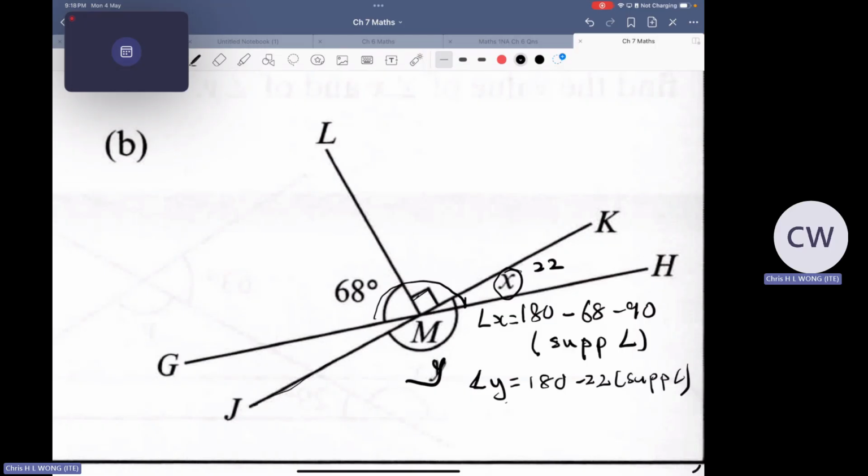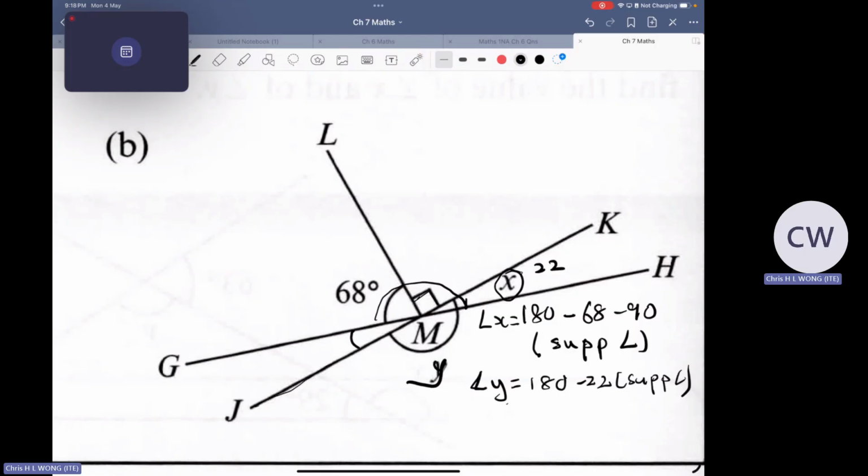Now I will put here z. Angle z equals to, sorry? What's the reason? Very good, vertically opposite angle. They will give questions like this for you, I tell you. They will give this and then you're supposed to find.